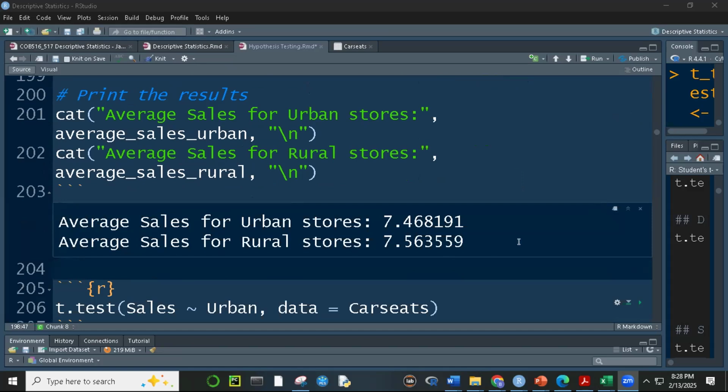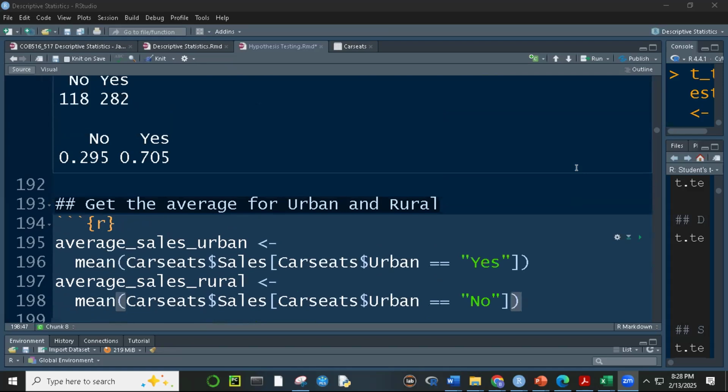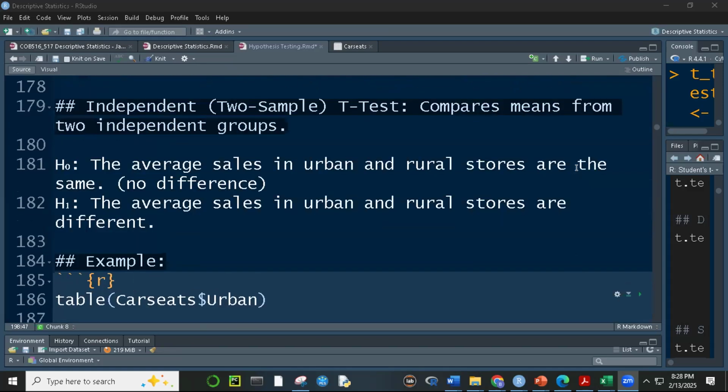All right, so you can see here that the average sales for urban is 7.46. For rural, it's 7.56. So more average sales for the rural area. So we'd like to test whether these values are statistically the same. The null hypothesis is that the average sales in urban and rural are the same.